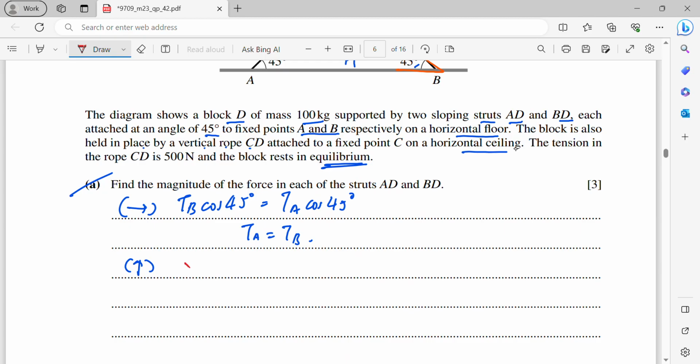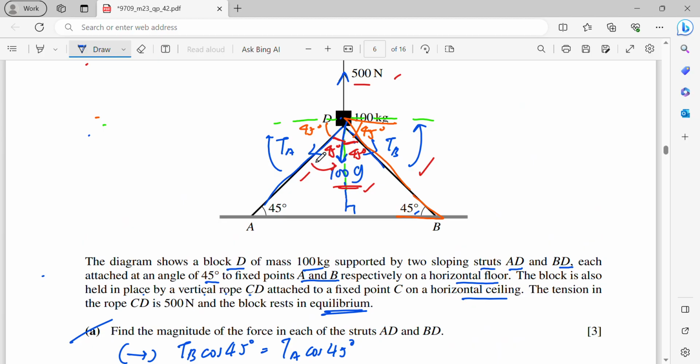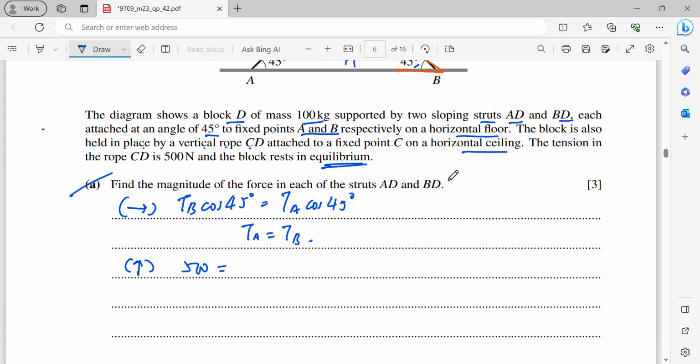So it will be 500 equals to 100 G plus TA cos 45 plus TB cos 45, because you resolve vertically. So here it will be 100 G plus TA cos 45 degrees plus TB cos 45 degrees.